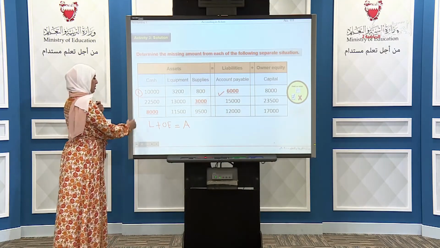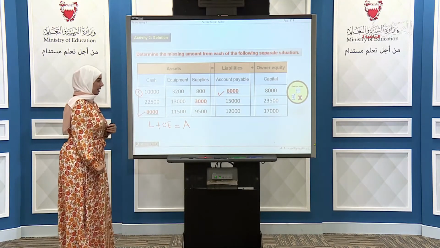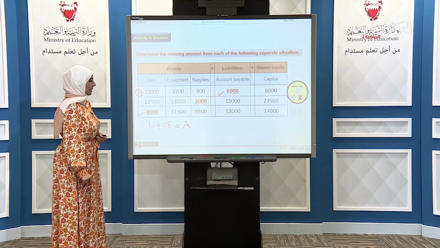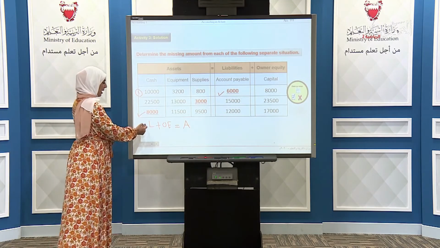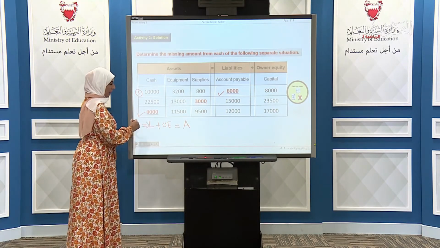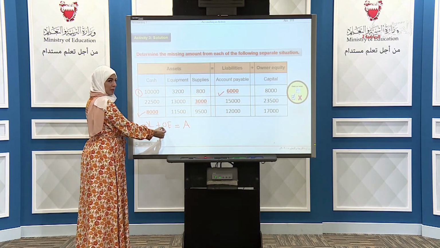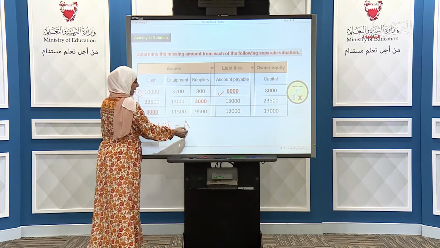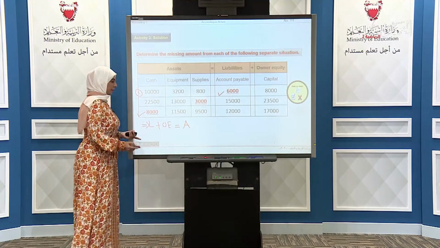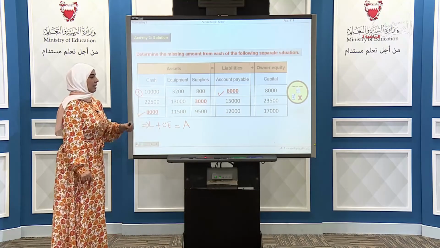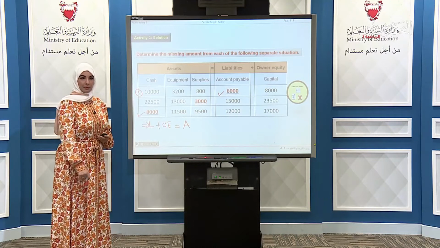Also, for the third example, I can apply the same equation. I take the total of liability plus the owner equity, and then get the difference, and it will be the figure of the cash.